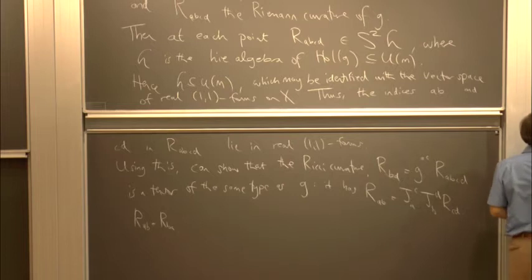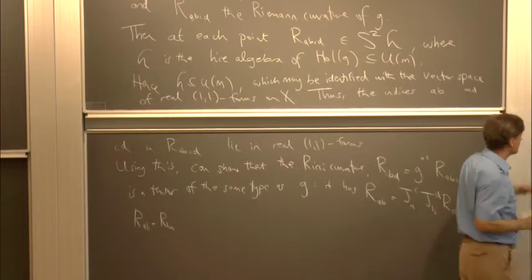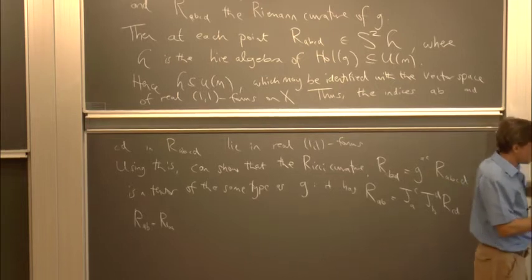There's a name for this, and the notation is K_X, called the canonical bundle.